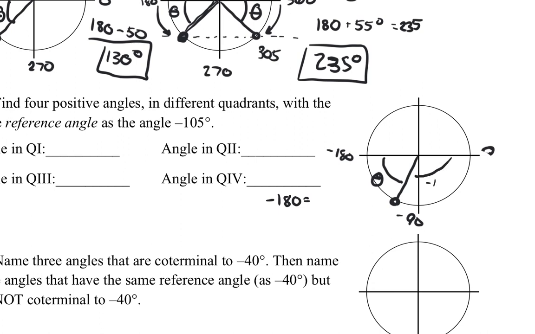So this angle is our negative 105 plus theta, and we can calculate what theta is. So theta is going to be equal to negative 75 degrees. Right, so that means that this angle here is 75 degrees.